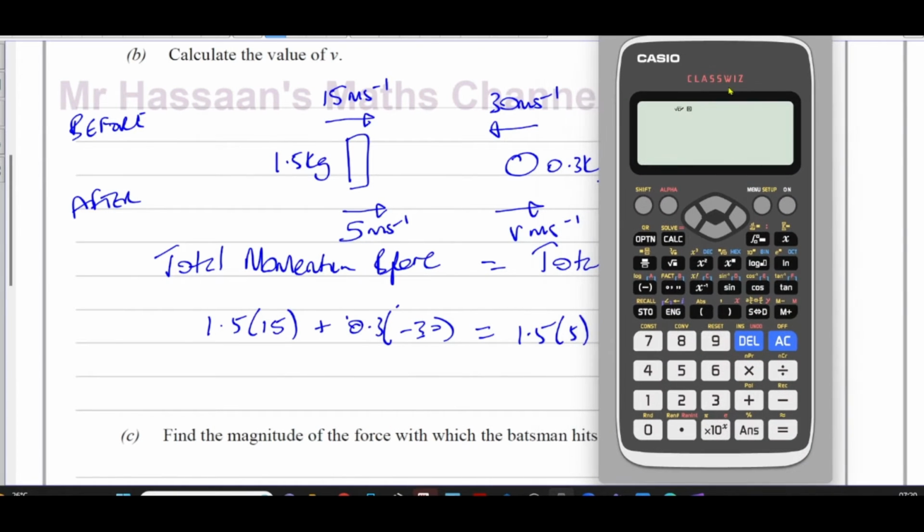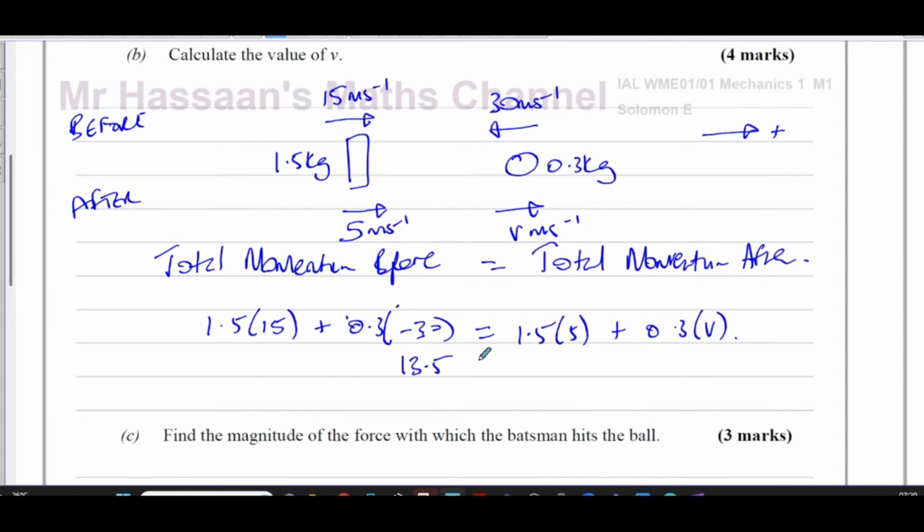So we're going to do 1.5 times 15, plus 0.3 times minus 30. That gives us 27 over 2, which is 13.5.